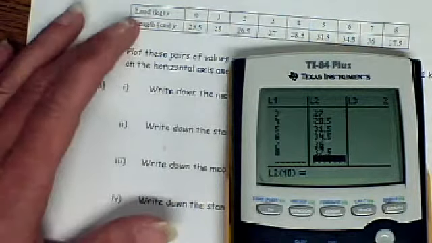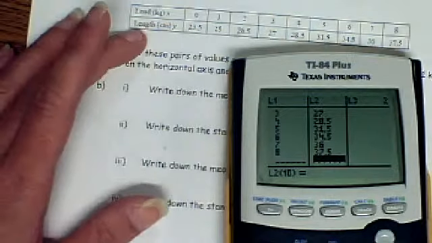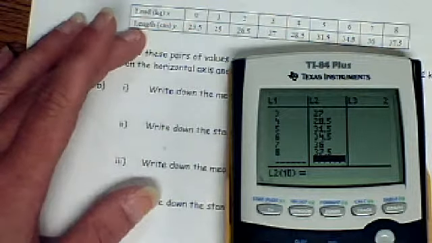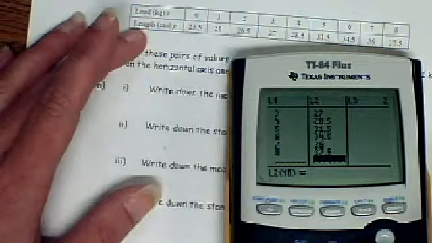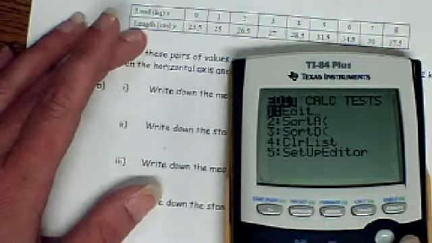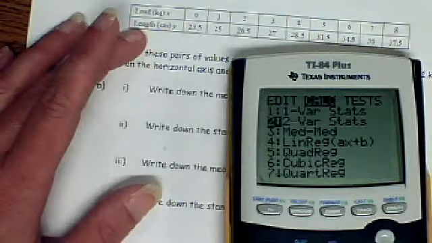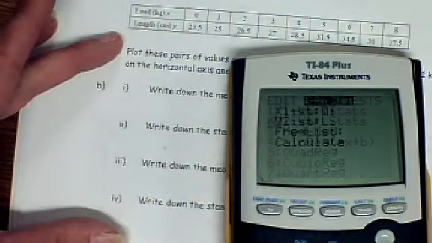Once you have all of your x values and your y values entered, we're going to go to two variable stats. So hit Stat, Calculate, and this is two variables, an x and a y.